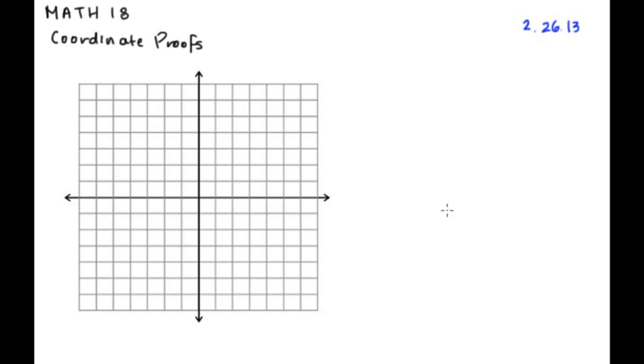I think we already did number 1 in class, but I'll go over number 2, 3, and 4, as many as I basically can.